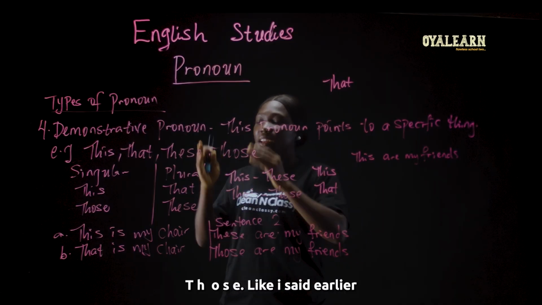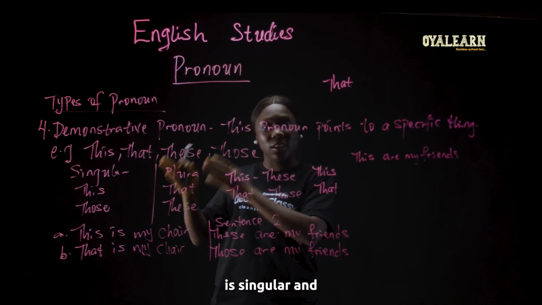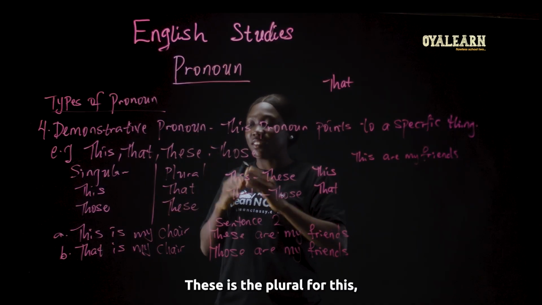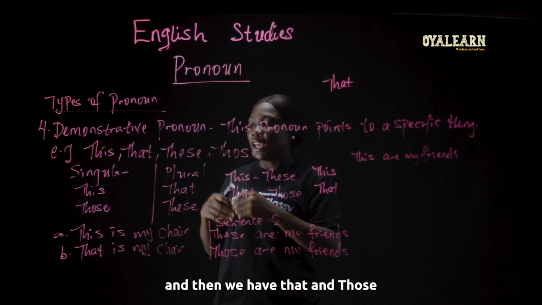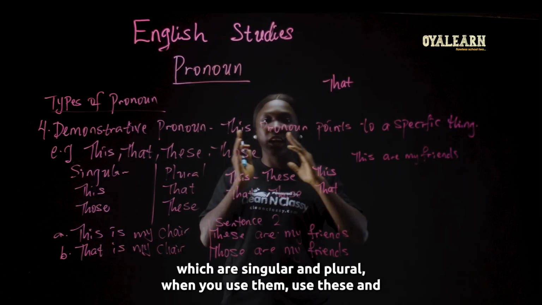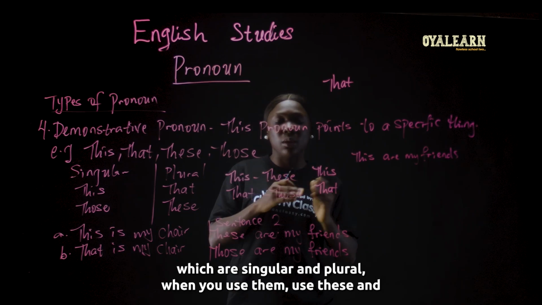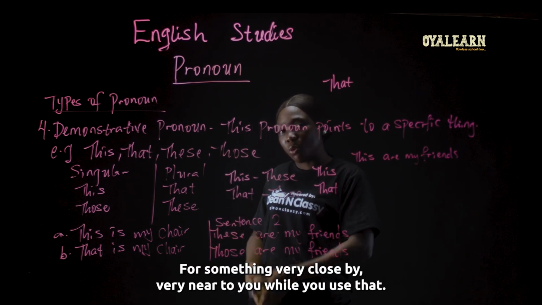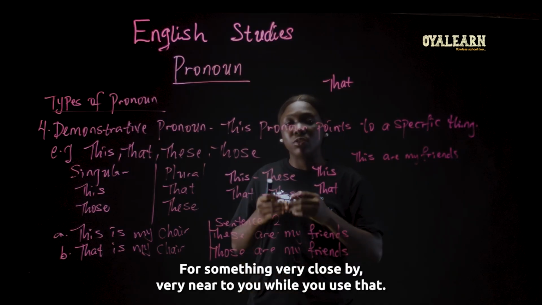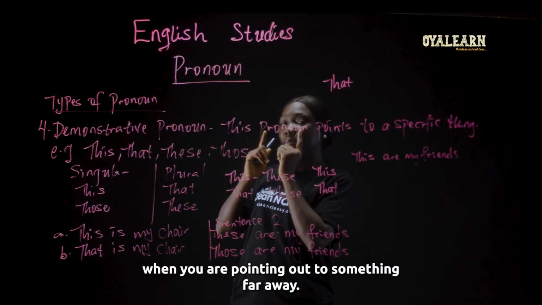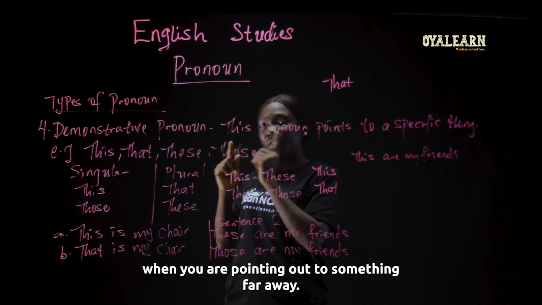Like I said earlier, THIS is singular and THESE is the plural for this. And then we have that and those, which are singular and plural. And when you use them, you use this and these for something very close by, very near to you. You use that and those for something far away, when you are pointing out to something far away.